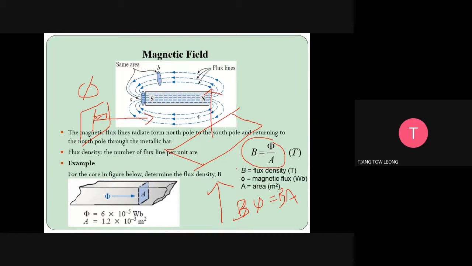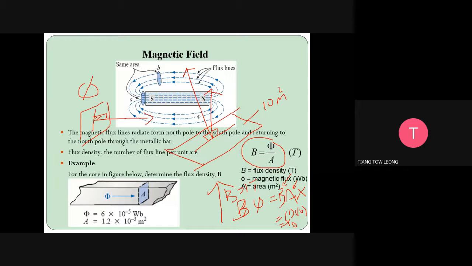Flux is B times A. Let's say B is 1 Tesla, A is 10 meter square. So 1 times 10 meter square becomes 10. This is not correct, because it is not 90 degrees. In fact, 90 degrees is like this.